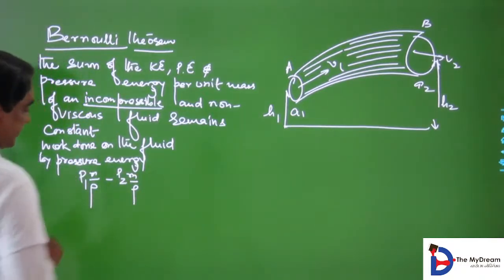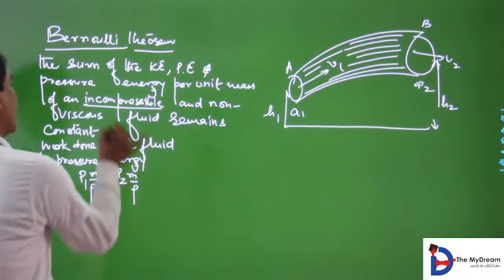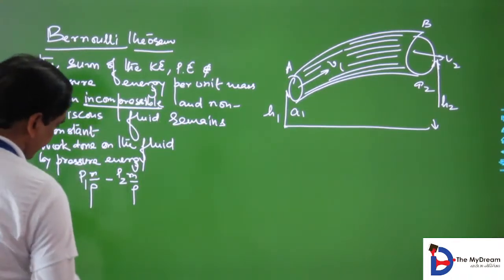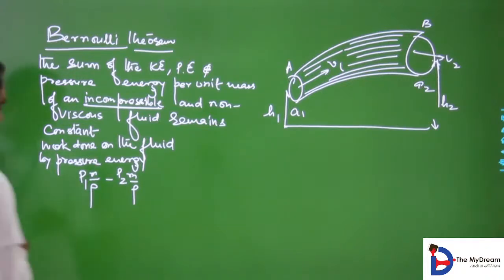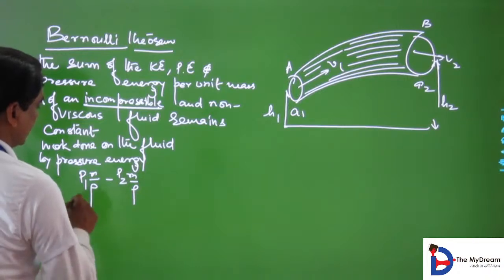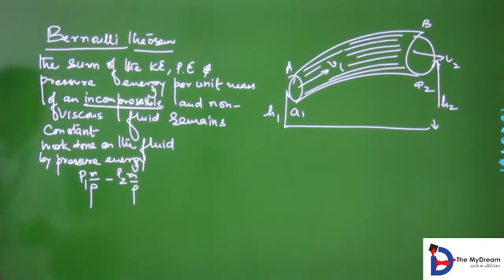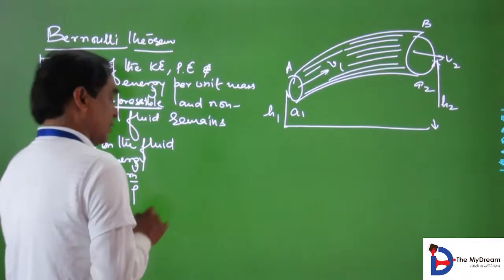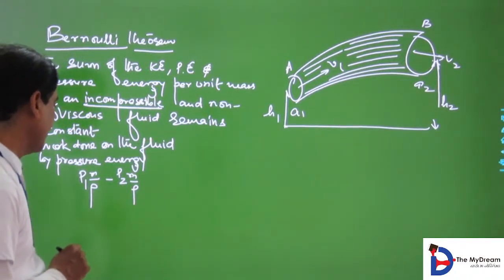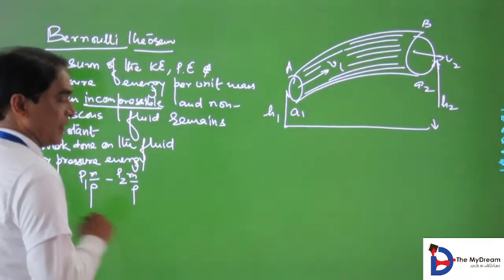Because this is incompressible, rho 1 is equal to rho 2. This is the work done on the fluid by the pressure energy, given by P delta V.